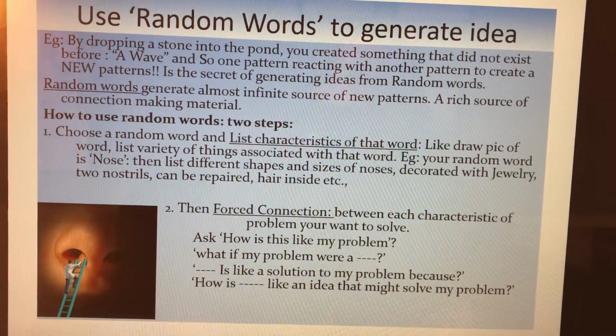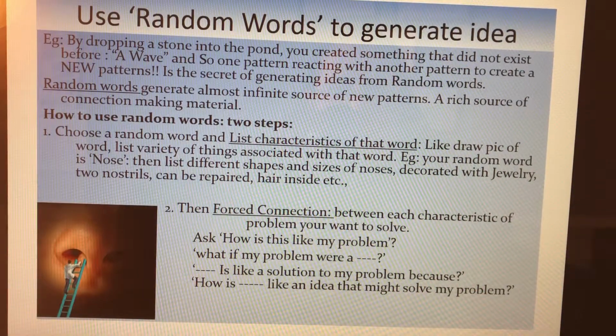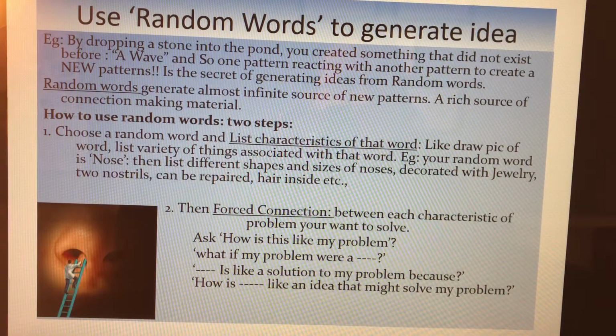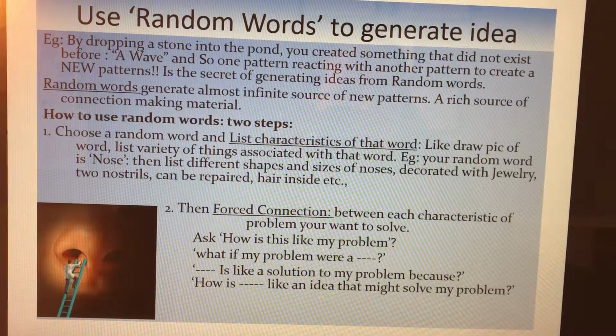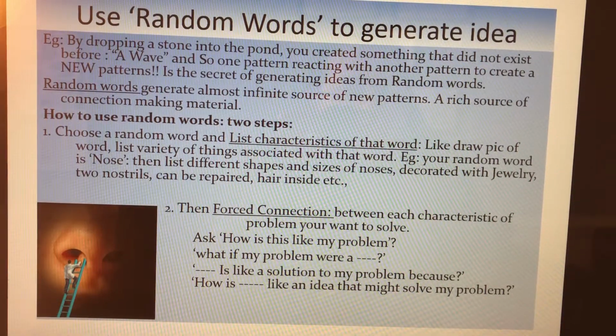I keep telling you how important it is to use random words to generate ideas. I talked to you about this in one of my first videos, and I want to stress it again here by giving an example. Using random words is like dropping a stone in a pond. I'm sure you did that as a child, or with your child or your dog, when you go to the pond.